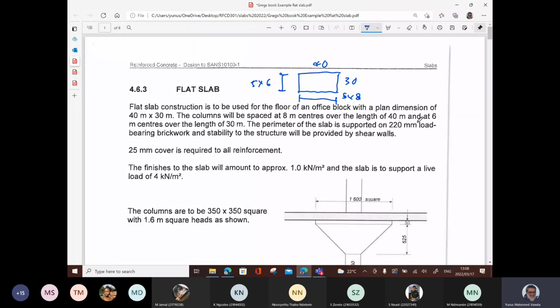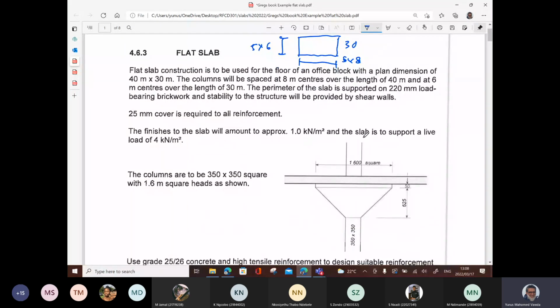If we didn't have that statement, for example stability provided by shear walls, we'd not be able to use the simplified method. 25 cover is required to all reinforcement. The finishes of the slab will be approximately 1 kN/m². The live load is 4, again less than 5, which is applicable to the simplified method.